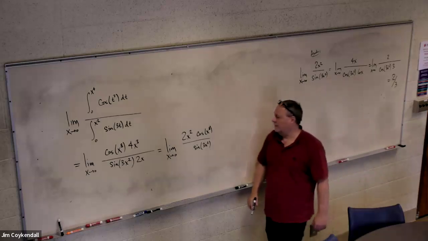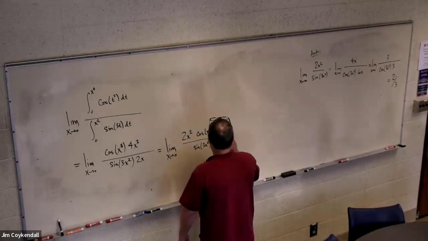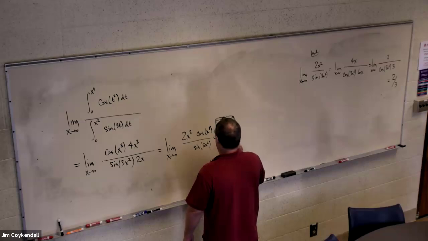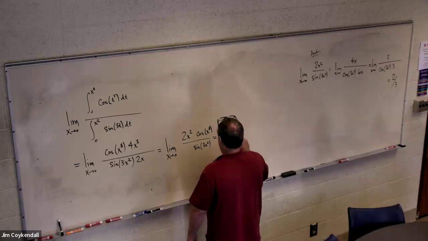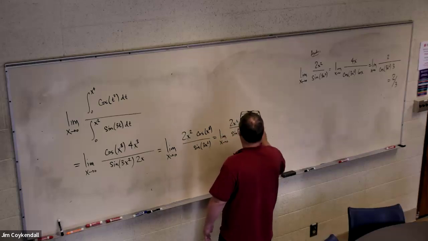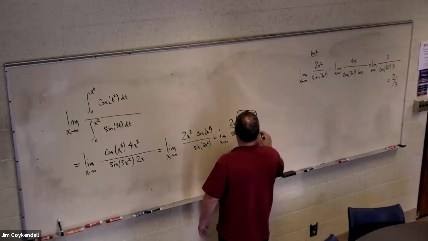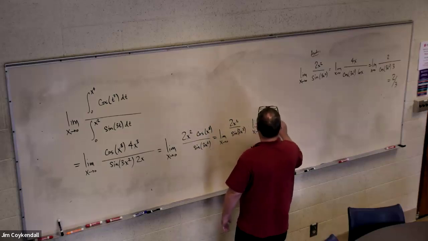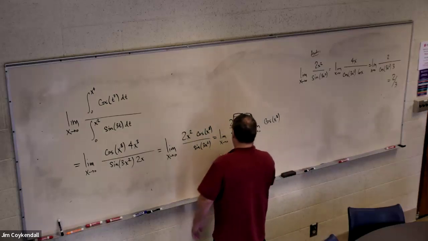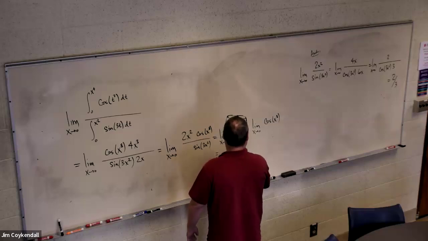So let's go back to this. This is the limit as x goes to 0 of 2x squared over sine 3x squared, times the limit as x goes to 0 of cosine x to the 8. Well, we figured out this is 2/3.